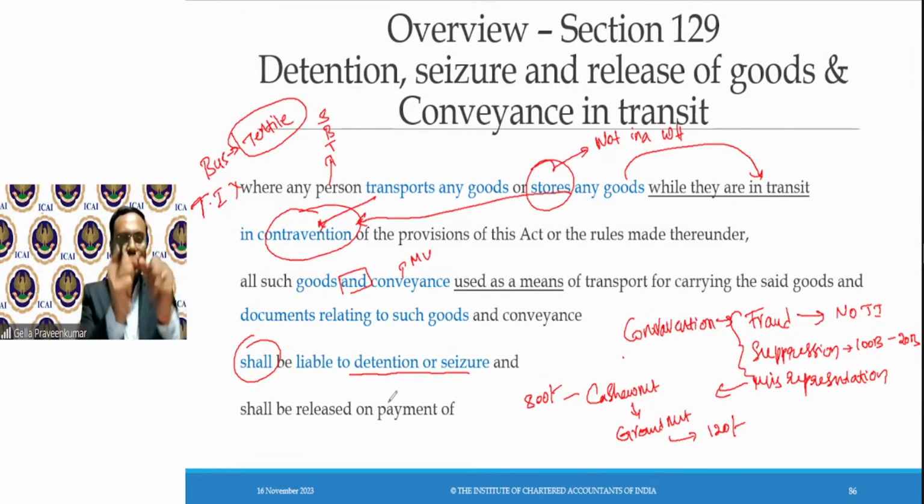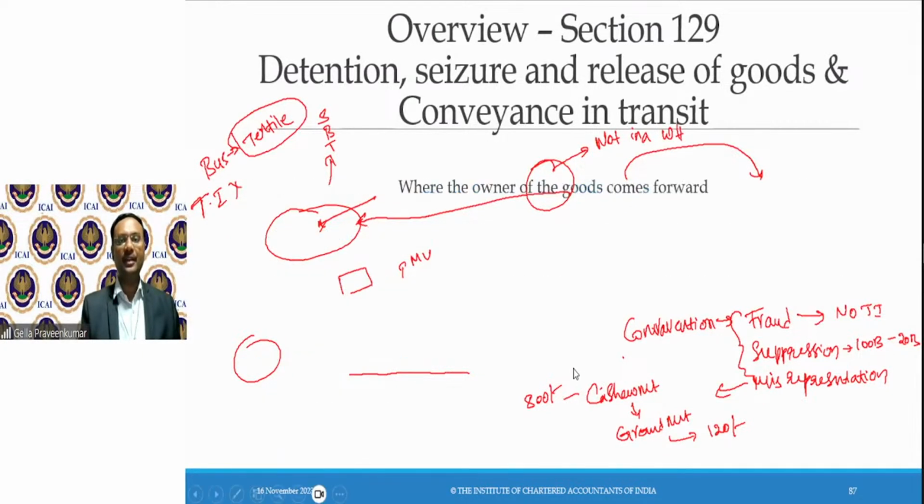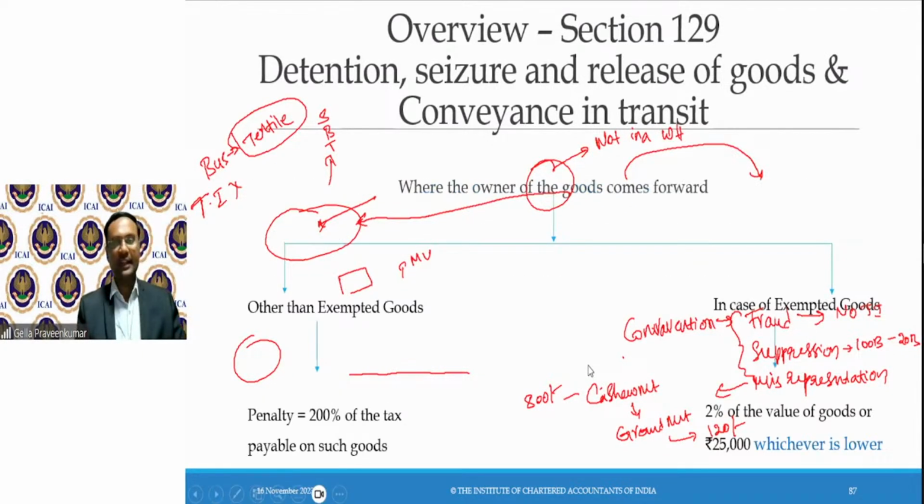So along with the goods, the vehicle also will be seized. Law says that the GST officer will catch hold of the vehicle, will also catch hold of this particular goods. And then he will take an action under section 129. So this is what my GST law talks about: contravention under section 129.